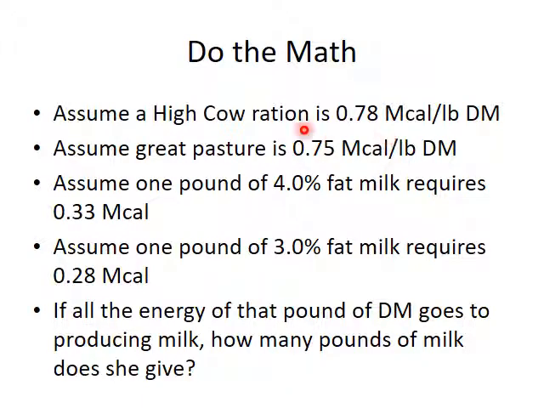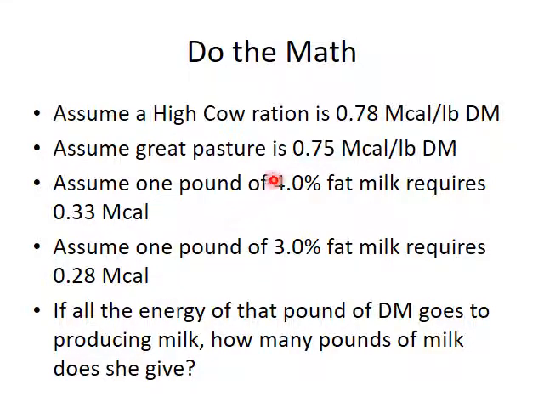So here's where the math comes from. You can assume a high cal ration is 0.78 megacalories per pound of dry matter. Pasture is similar, and 1 pound of fat corrected milk, 4.0 is 0.33 megacals. 3% is 0.28 megacals.